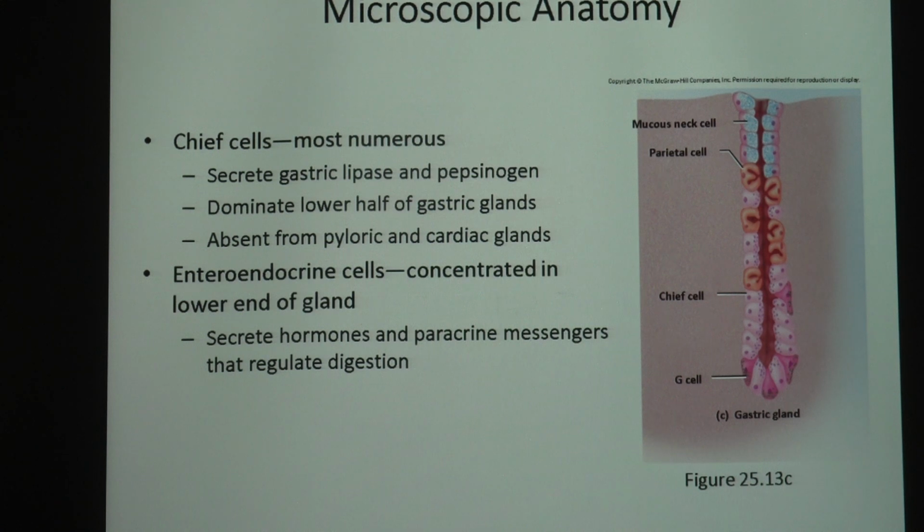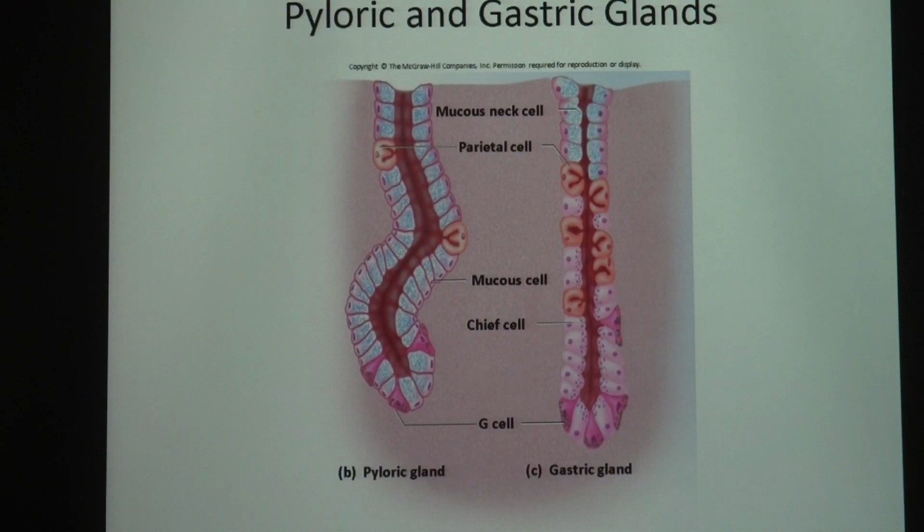Pepsinogen converted to pepsin that breaks down protein-based materials. And then the last of these is called an enteroendocrine cell. I'm not as concerned about that, although you do see the example of the paracrine messengers to help regulate digestion and to tell you how full you are. Okay, there's a look at all of them.